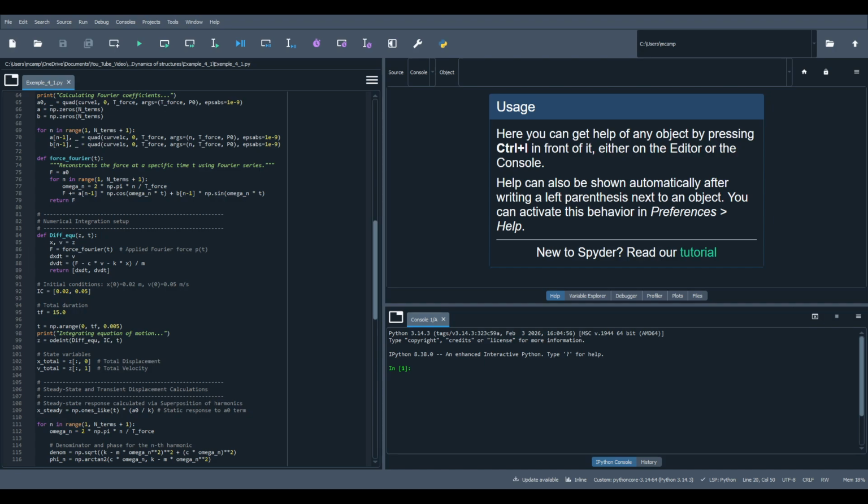Here you see the initial conditions: the initial displacement at time 0 is equal to 0.0 meters, and the velocity is equal to 0.05 meters per second. The total duration to plot is 15 seconds.